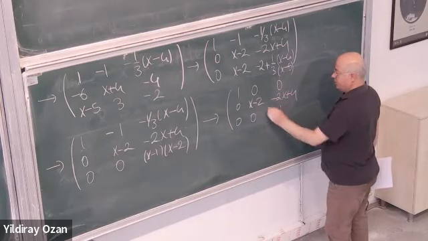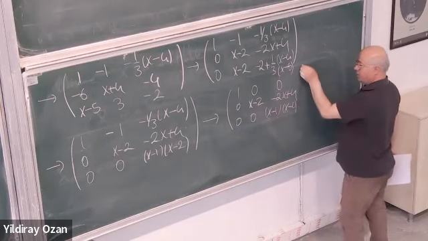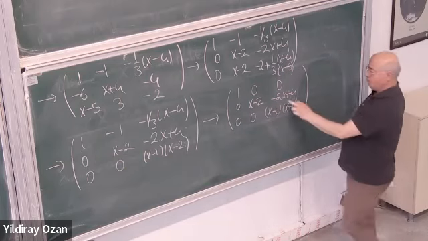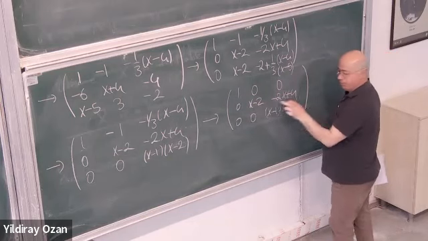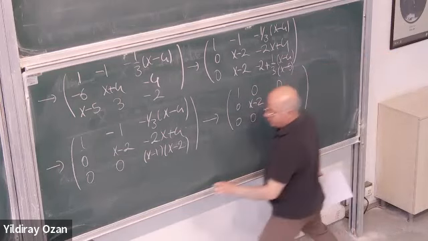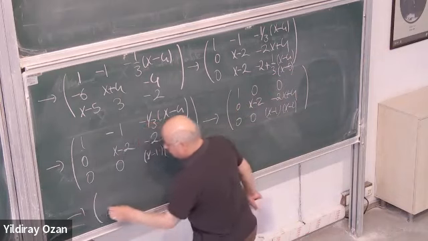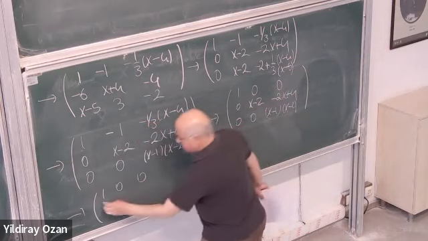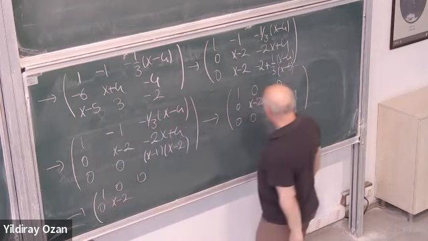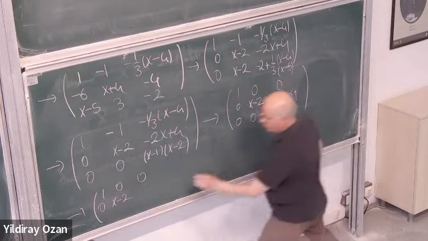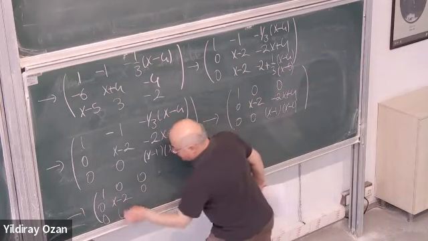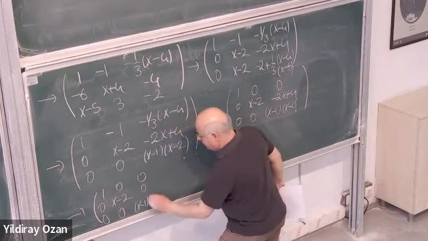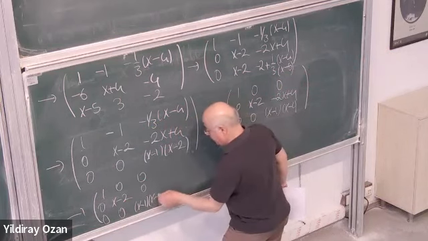Burası da x eksi 1, x eksi 2. Sonra bunu da öldürürüm. Nasıl? 2 katıyla bunu buraya çarpayım. Ne oldu o zaman? 1, 0, 0. 0, eksi 2, x eksi 2. Bunu da öldürdük. 0, 0, 0, x eksi 1, x eksi 2.